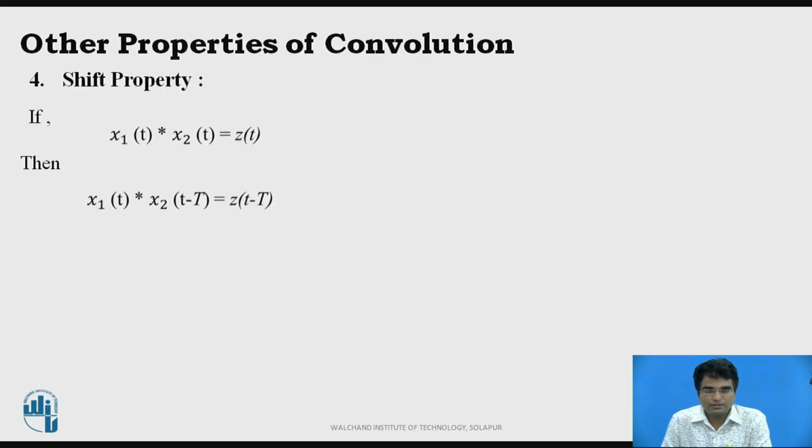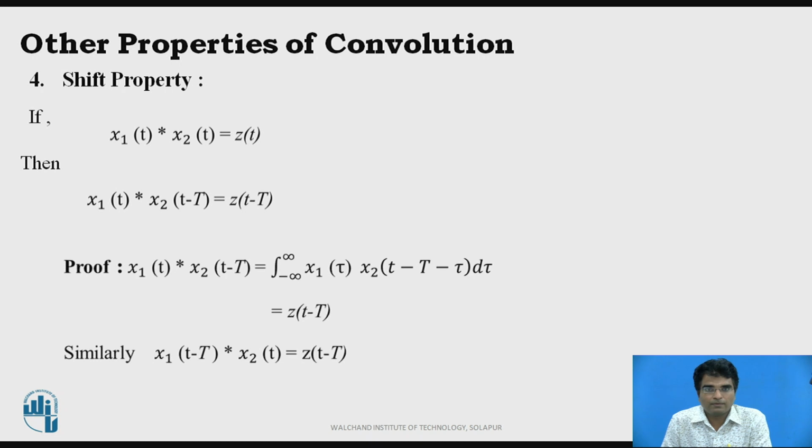Other properties of convolution. First one, shift property. If x1(t) * x2(t) gives z(t), then x1(t) * x2(t minus T) = z(t minus T). Proof: x1(t) * x2(t minus T) = integral from minus infinity to infinity of x1(tau) x2(t minus T minus tau) d tau, which is equal to z(t minus T).